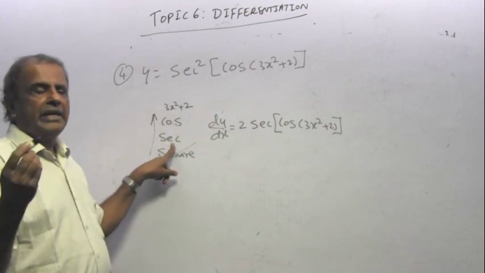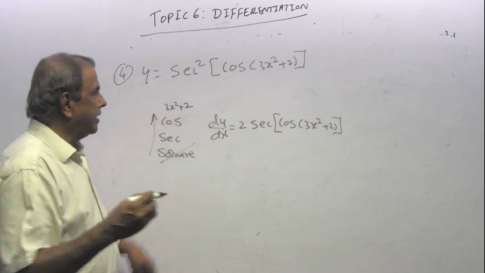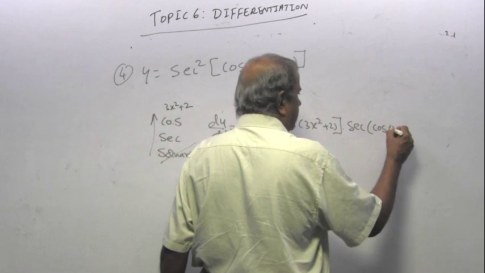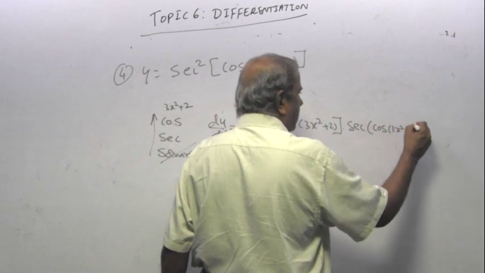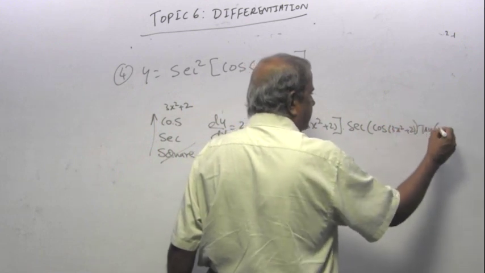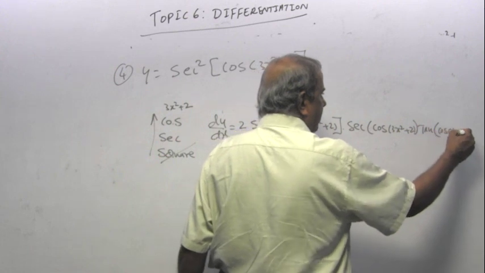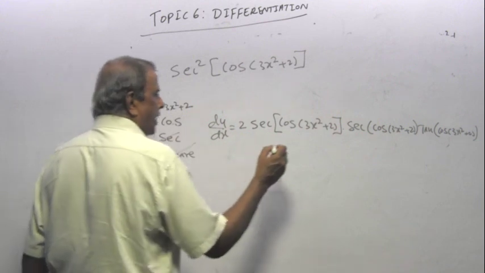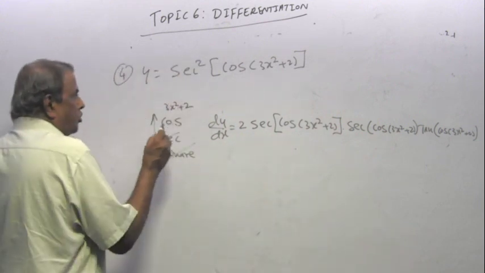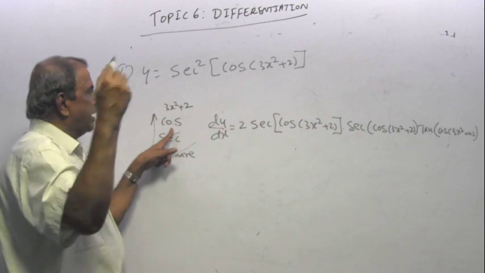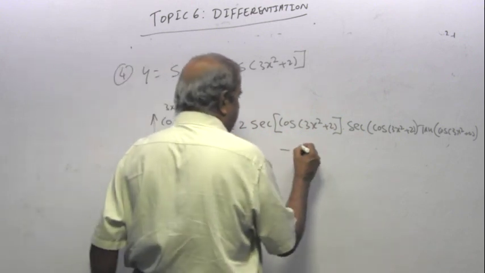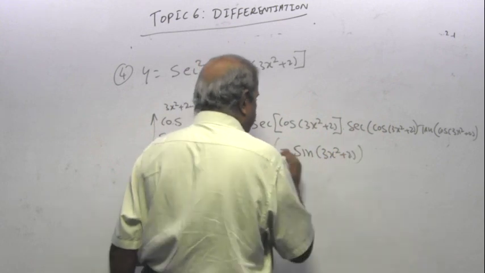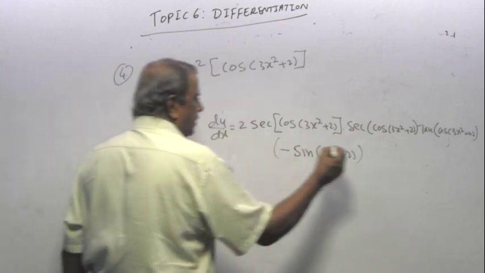So sec of this gives you sec of that and tan of that. I've done the sec. Now I have to do cos. Cos of anything gives you minus sine of the same thing. So minus sine of 3x squared plus 2. I've done that. 3x squared plus 2 gives you 6x.